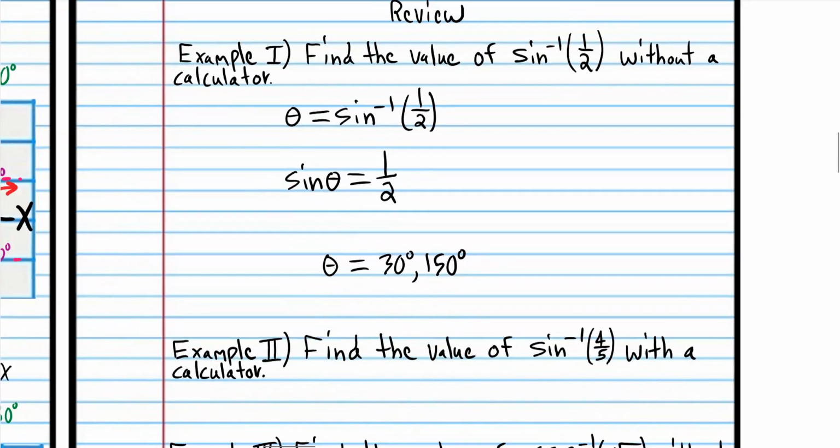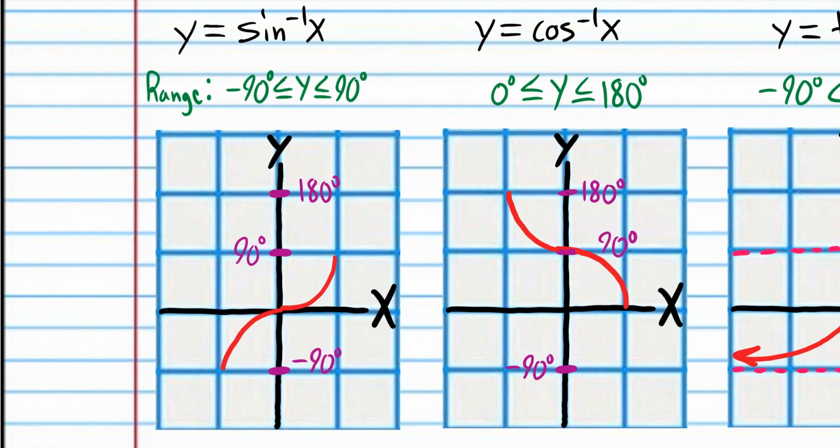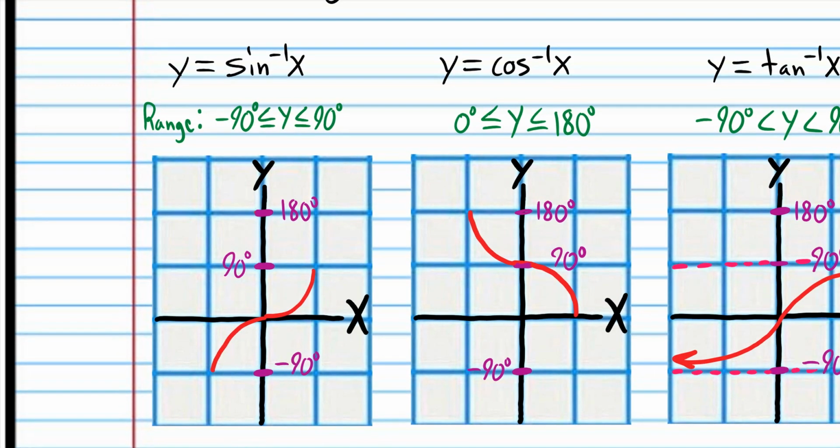So we have to look at our range restrictions, and again, the restrictions are the output of the function, which is y, has to be between -90 and 90 degrees. And remember, because this is an inverse function, the input is going to be the ratio, or just some number between -1 and 1, and the output is going to be an angle measure.